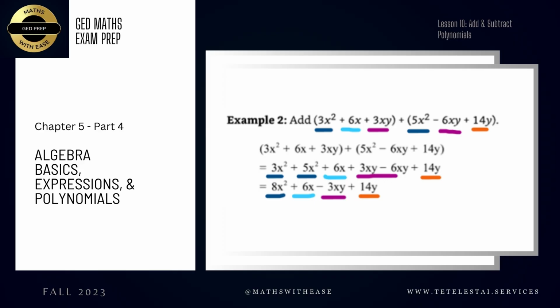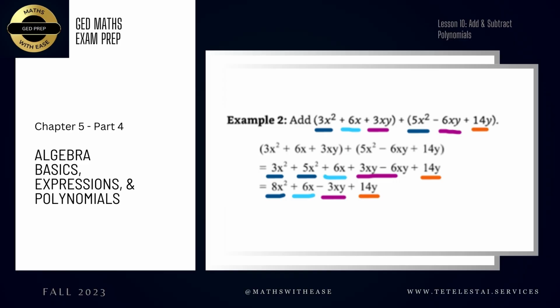Our first set of like terms are 3x^2 and 5x^2. 3 plus 5 is 8, so we have 8x^2. Then we move on to our next set of like terms, and we see that 6x is the only term like it that appears in this entire expression.